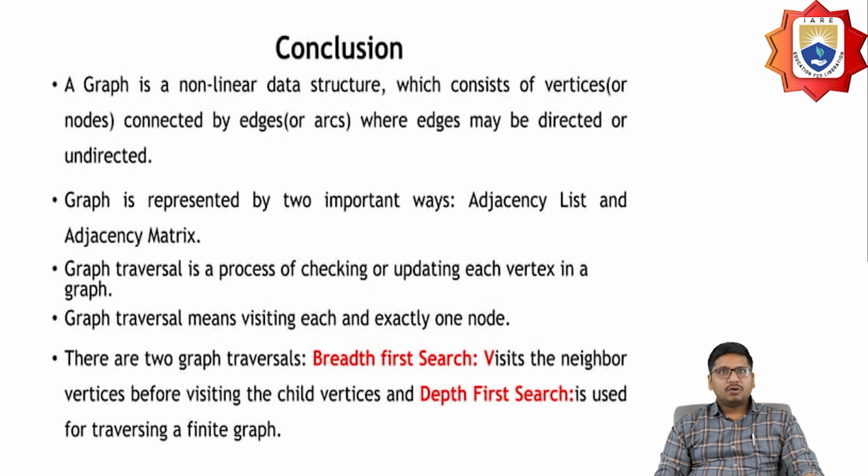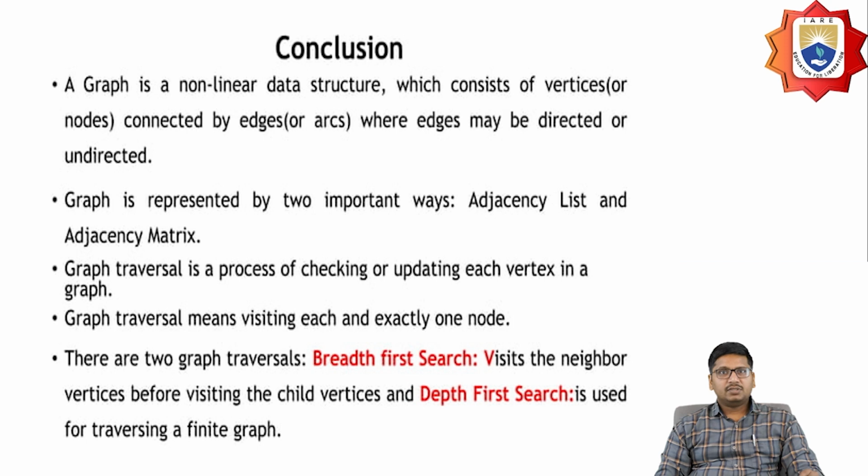And finally, what I conclude is that a graph is a non-linear data structure, which is connected by means of vertices and edges, or arcs, where these edges may be directed or undirected. The graph is represented in two important ways: adjacency list and adjacency matrix.